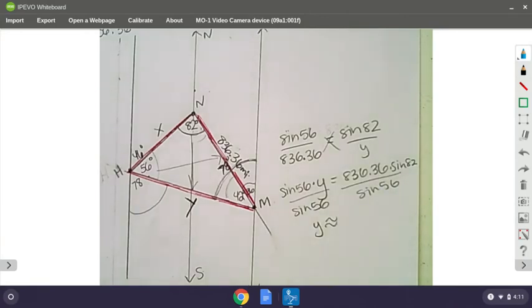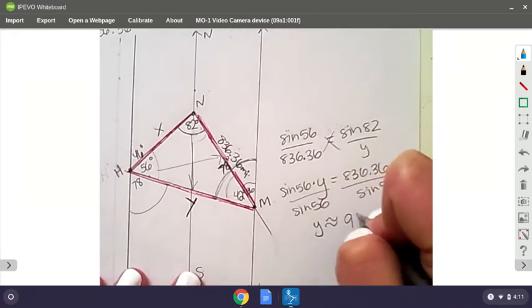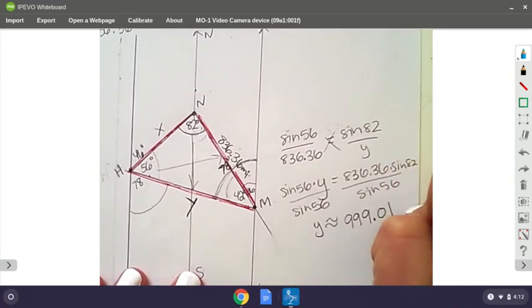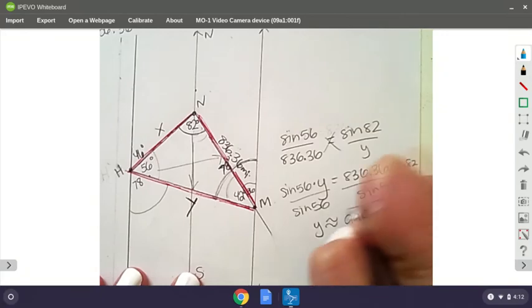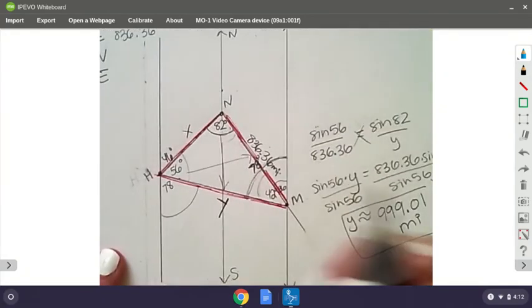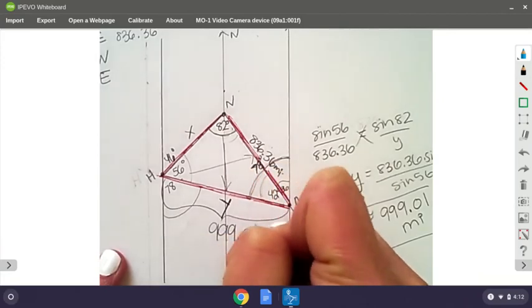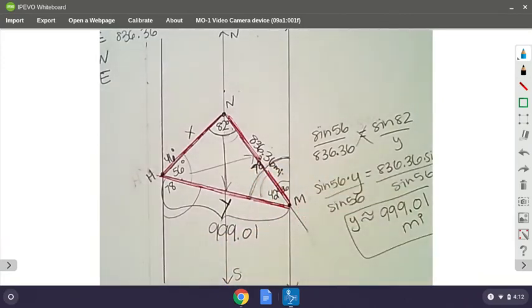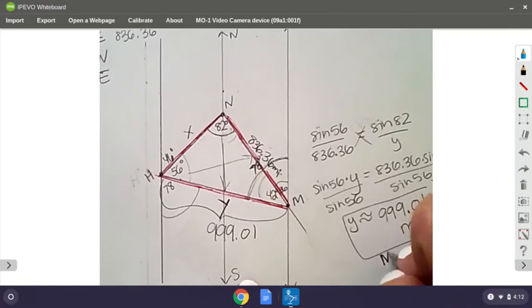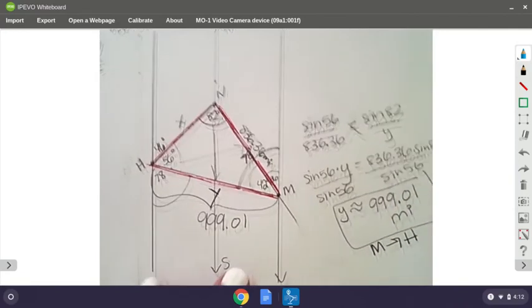So you're going to have 836.36 times sine of 82 equals, and then divided by sine of 56. So that's going to be 999.01, and that's miles. So that's this one here. Okay, and that represents Miami to Houston.